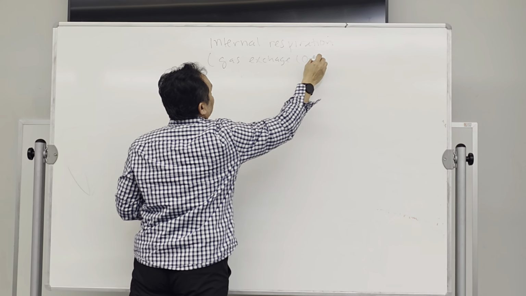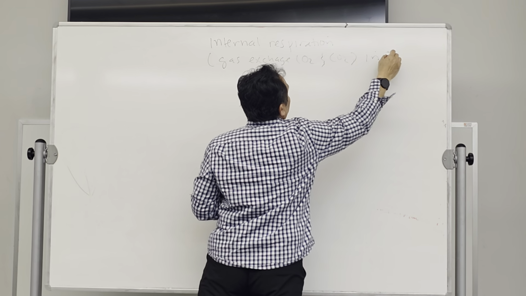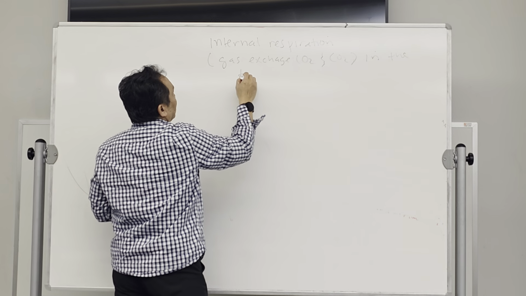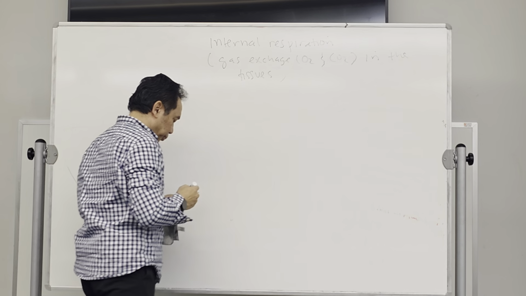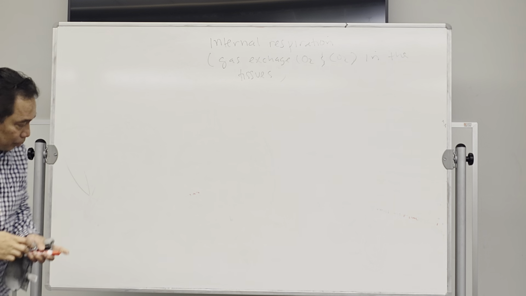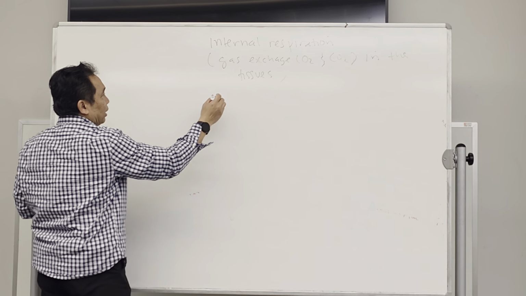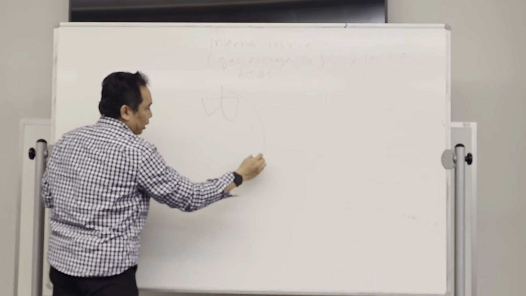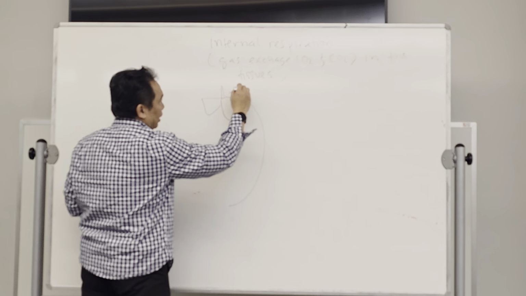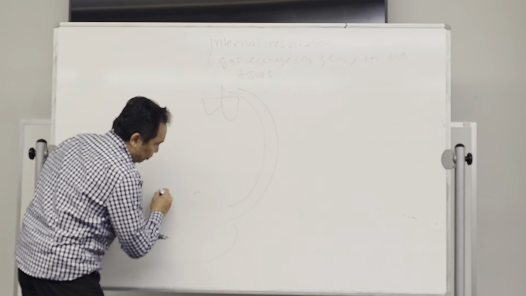Okay, oxygen and carbon dioxide in the tissue. Okay, now let's say this is from the lungs. We have the lungs, then the blood will carry the oxygen into our tissue over here.